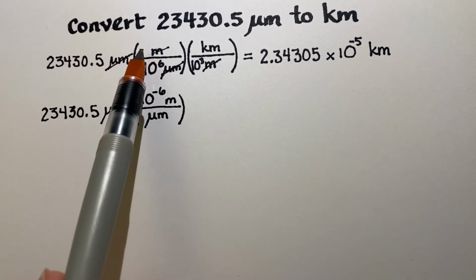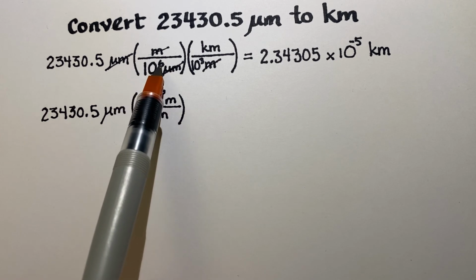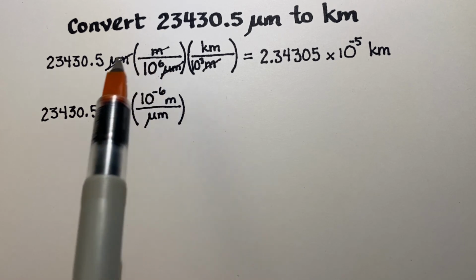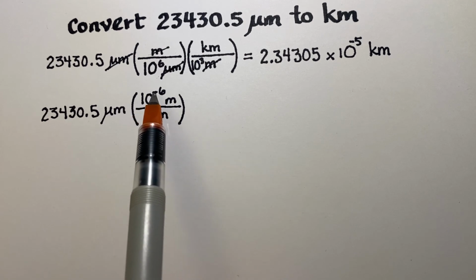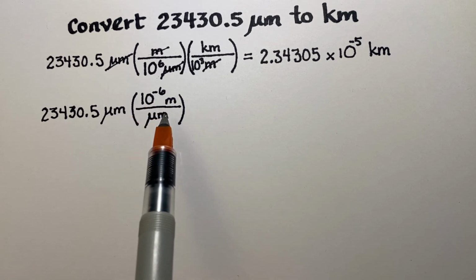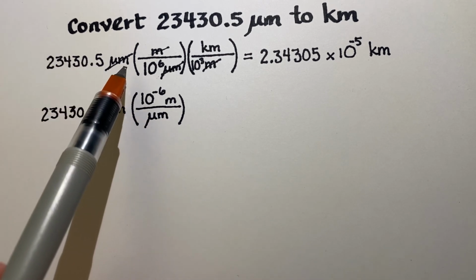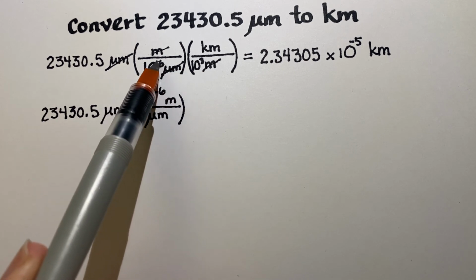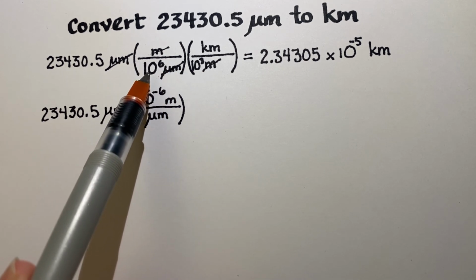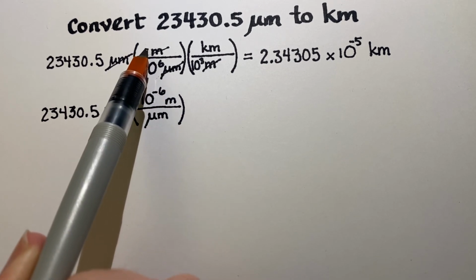Notice how this is meters divided by 10 to the 6th. That's the same as multiplying by 10 to the minus 6th. And you can also think about this in terms of micrometers being very small, and you need 1,000,000 of them, 10 to the 6th micrometers, to make up 1 meter.